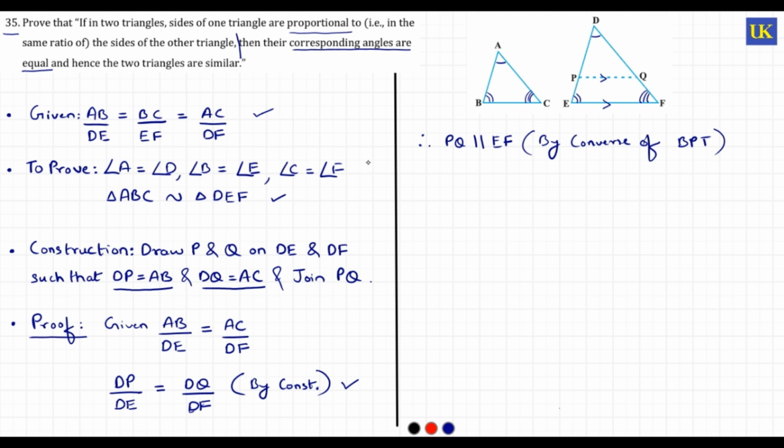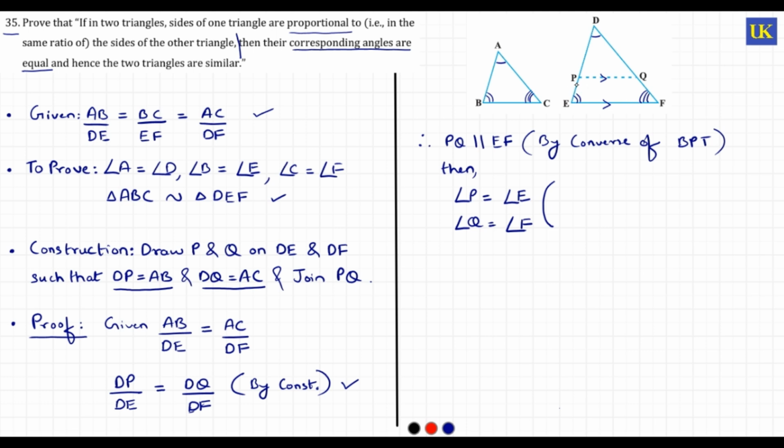Now further, I can also say that angle P is equal to angle E, and I can also say that angle Q is equal to angle F. Now how can I say this? See here, if these two lines are parallel, then PE and QF will act like a transversal.